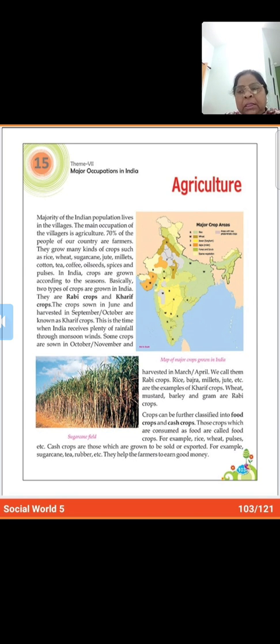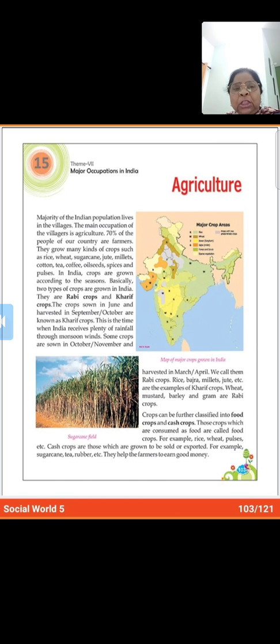Now, among these crops, some are used as food, and they provide food to the people, so they are called food crops because they provide food to us. And some are grown to be exported or to sell, and they are called cash crops.